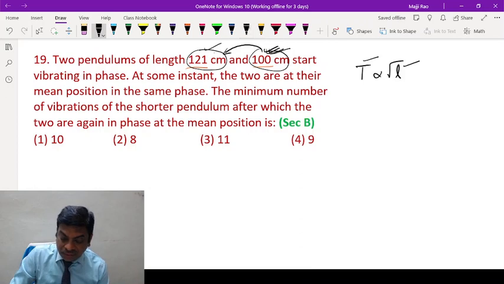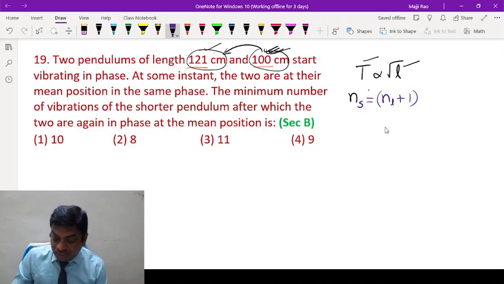In other words, number of oscillations in shorter one will be one more than number of oscillations in longer one.